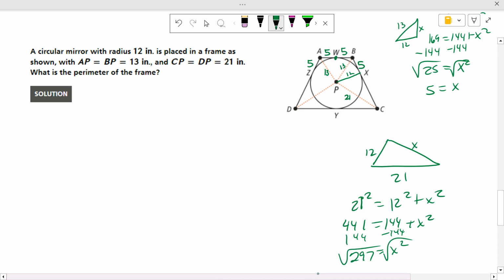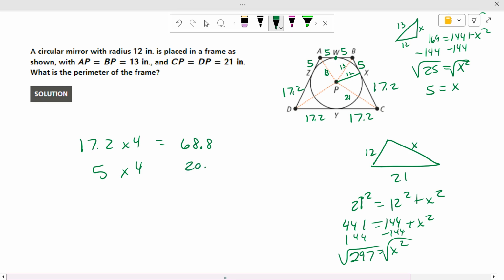Take the square root of 297. 17.2, basically. So this is 17.2. This is 17.2. This is 17.2. So take 17.2 times 4 and 5 times 4, because there are 4 fives and 4 17.2s. That's 68.8. This is 20, so it's 88.8 is the perimeter of the frame.